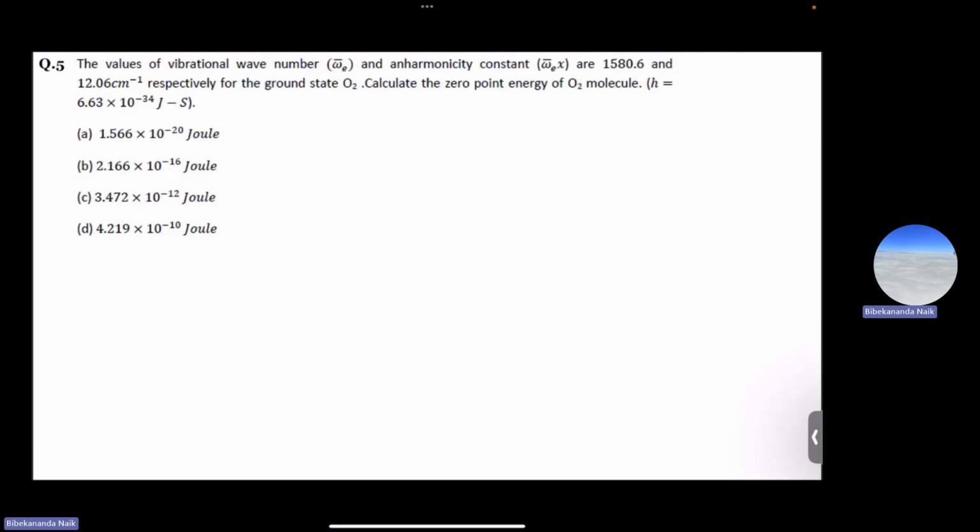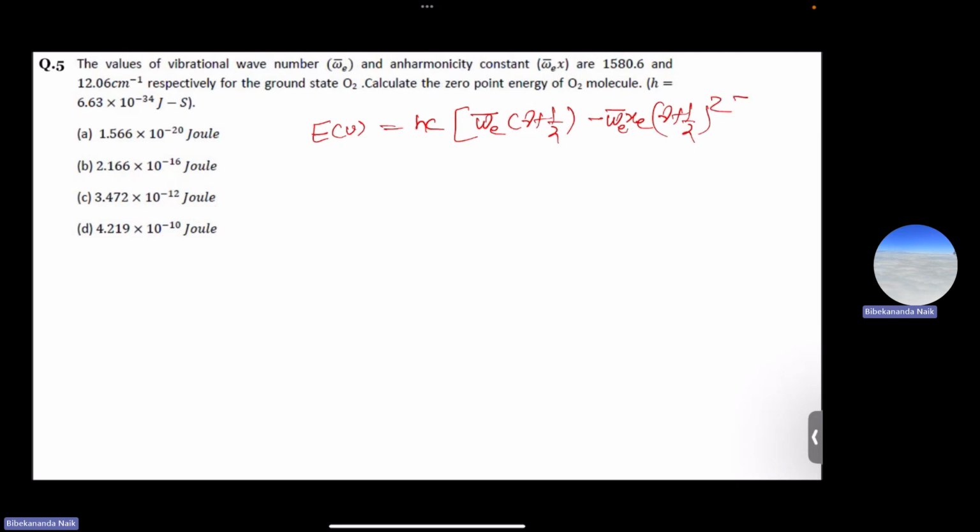If you remember the energy expression for vibrational levels of an anharmonic oscillator, the expression for energy corresponding to a particular vibrational level V was hc omega e bar into (V plus half) minus omega e bar xe hc into (V plus half) square.